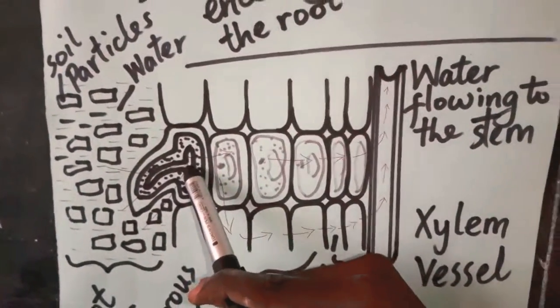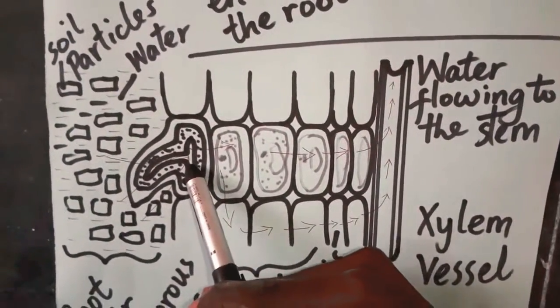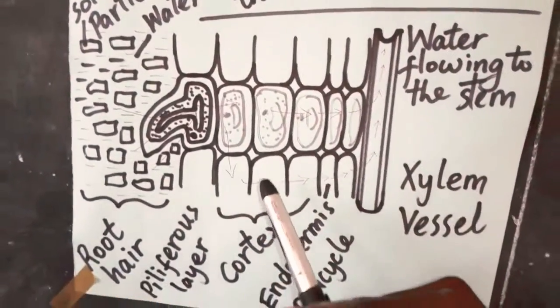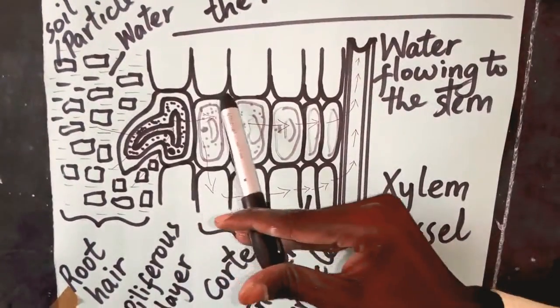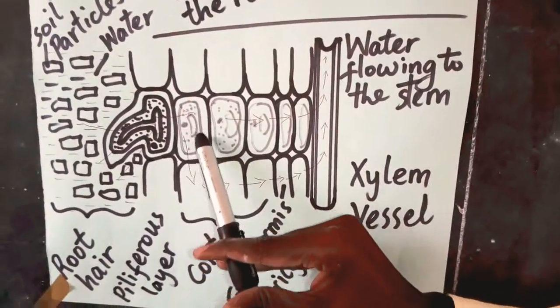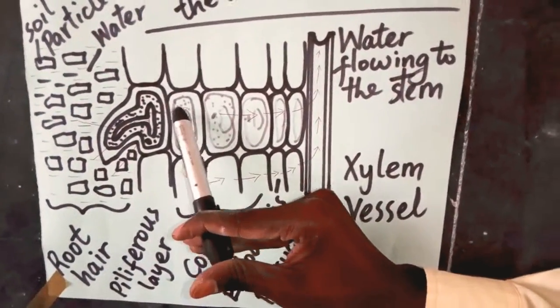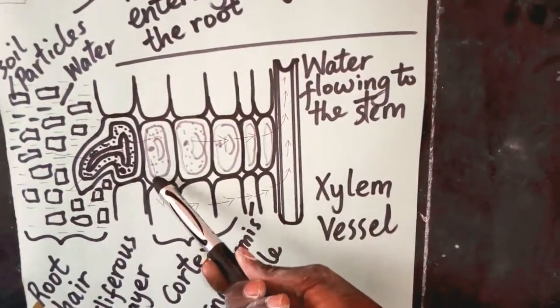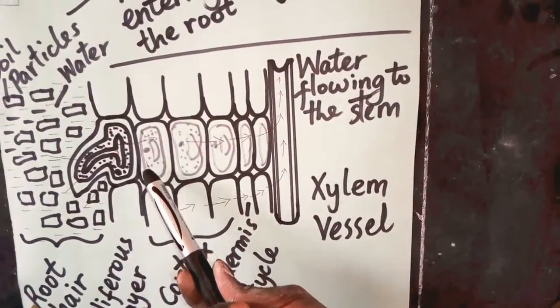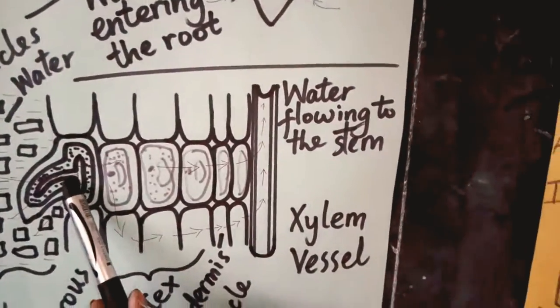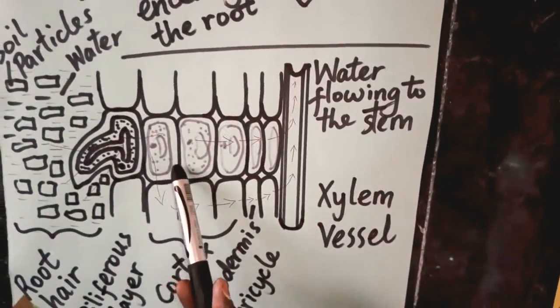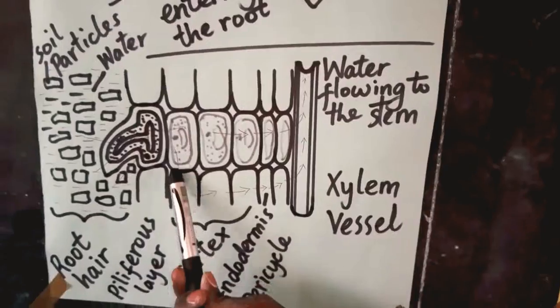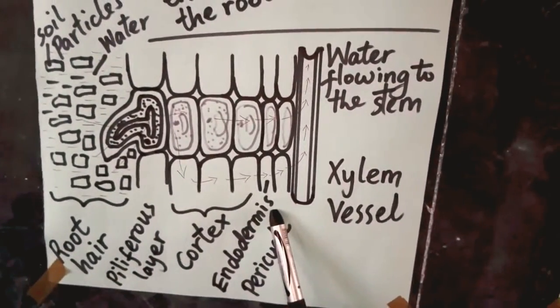When it becomes dilute, or when the concentration lowers, remember the subsequent neighboring cells are still more highly concentrated than the root hair cell. This makes the water move from the root hair cell to the neighboring cells which are found within the cortex.